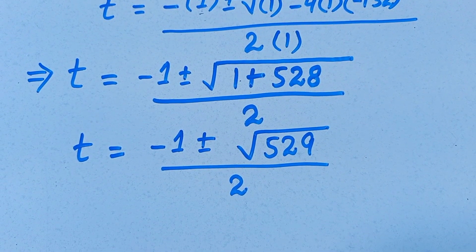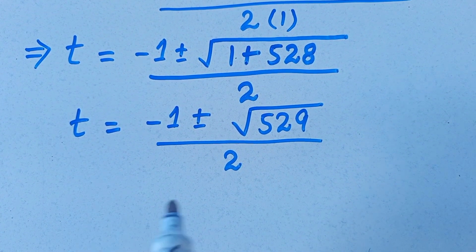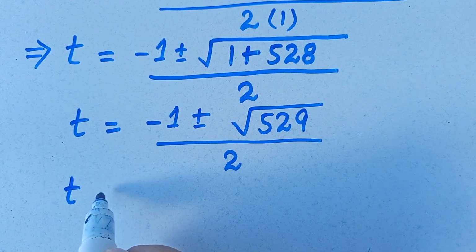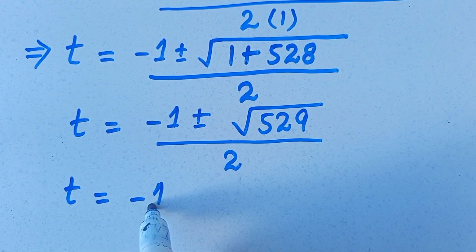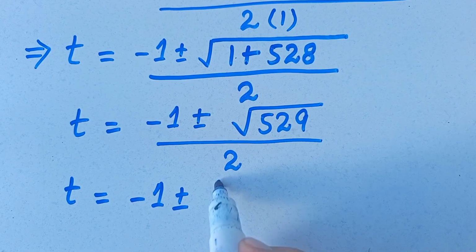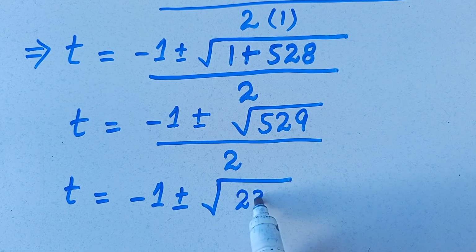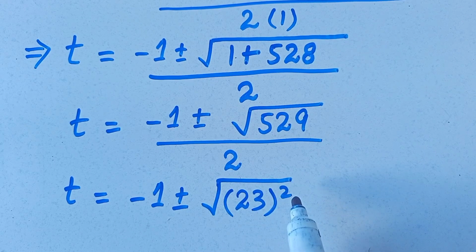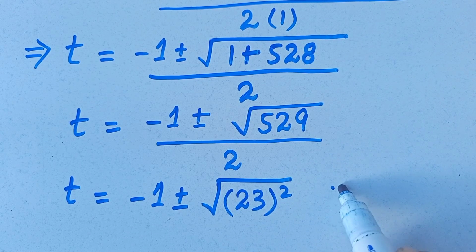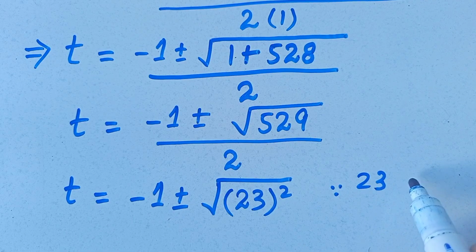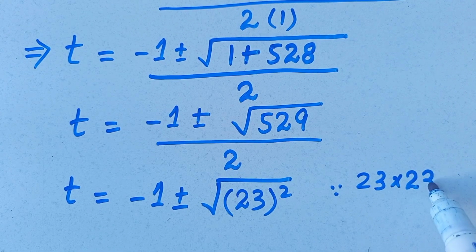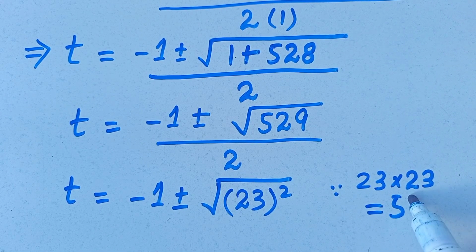Further simplifying, t equals negative 1 plus or minus the square root of 529. If we multiply 23 with 23 we get 529, so we can write 529 as 23 squared.